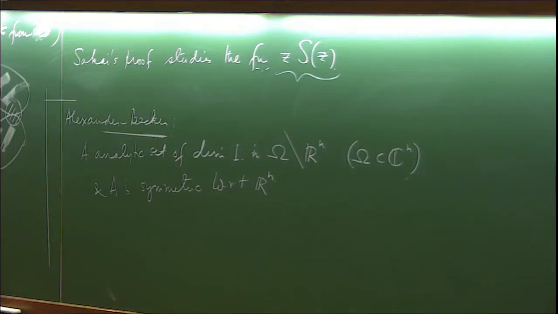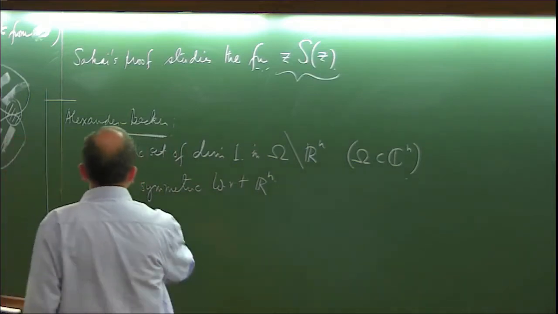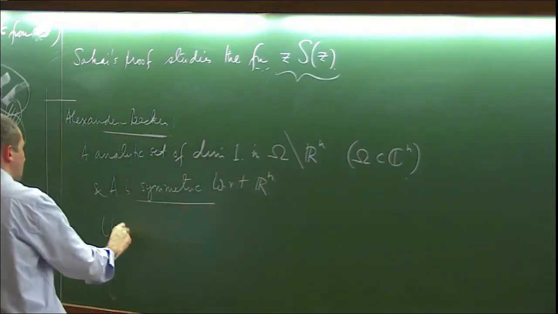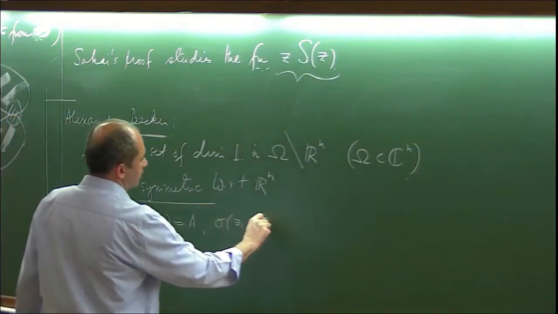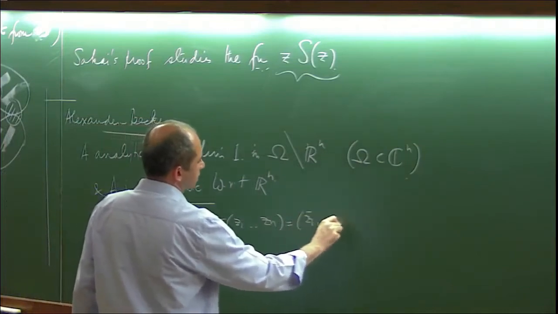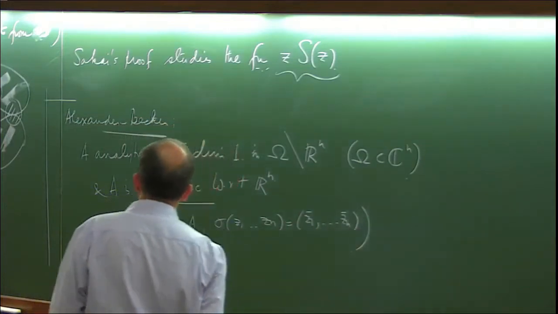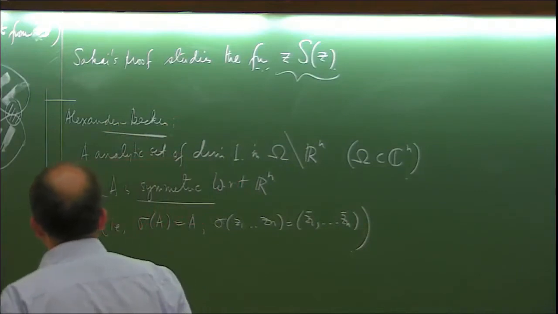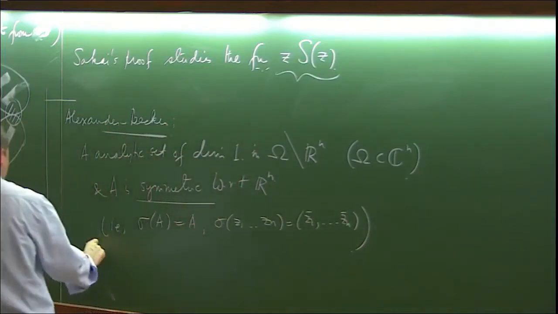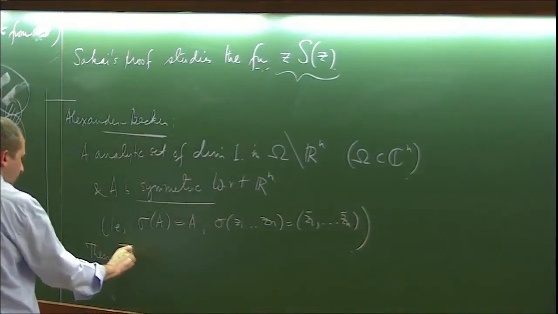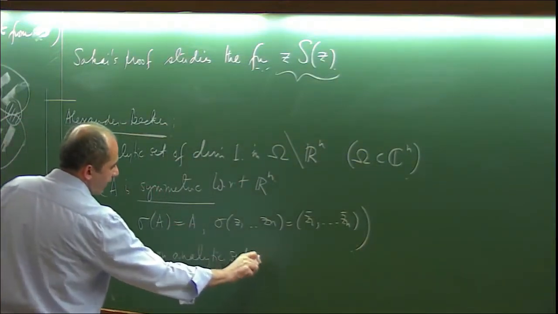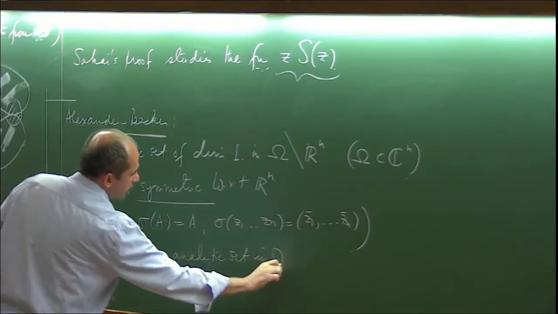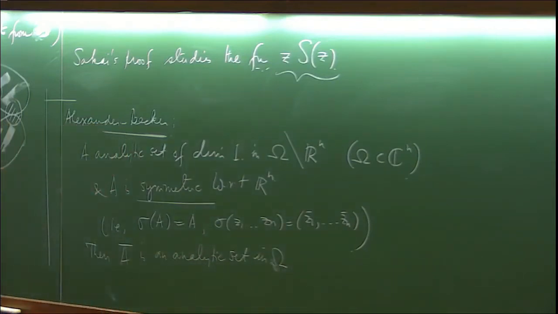So you have this natural involution. So A being symmetric means sigma of A is A, where sigma of the z_i's are the conjugates. Then the closure of A is an analytic set in omega.